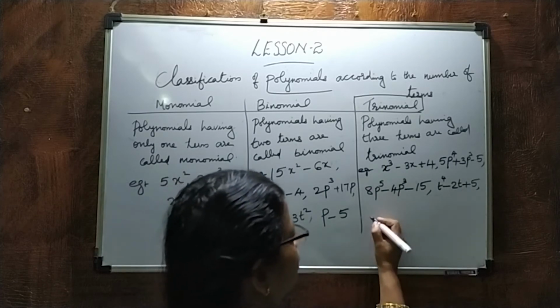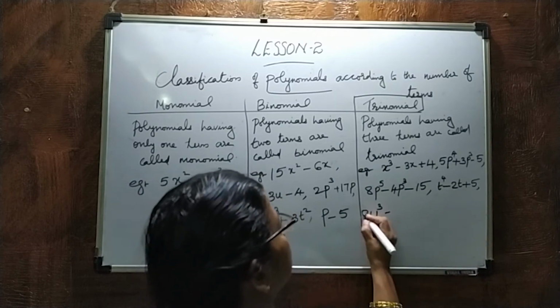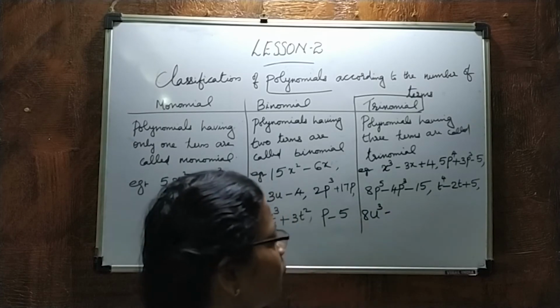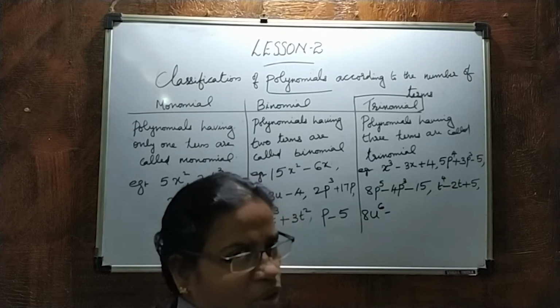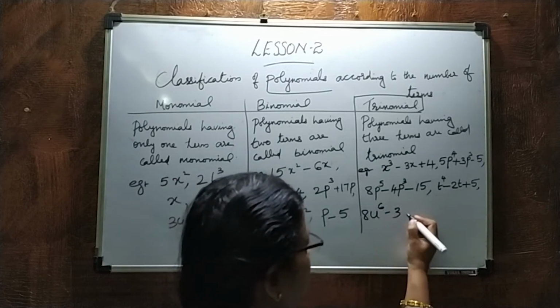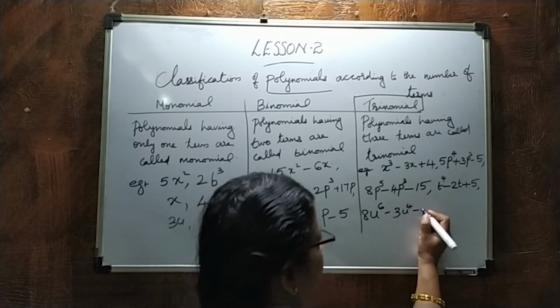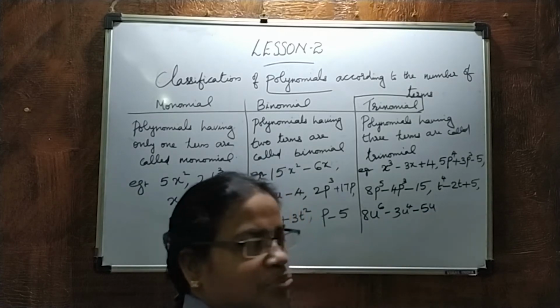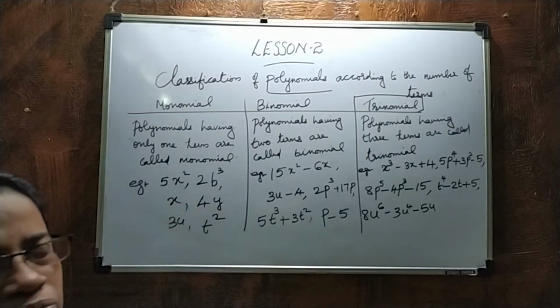Then u cube minus 8t cube minus 6, then 3u raised to 4, then 5u. So these are the examples I wrote.